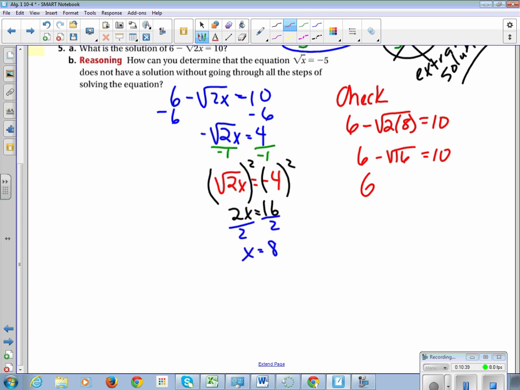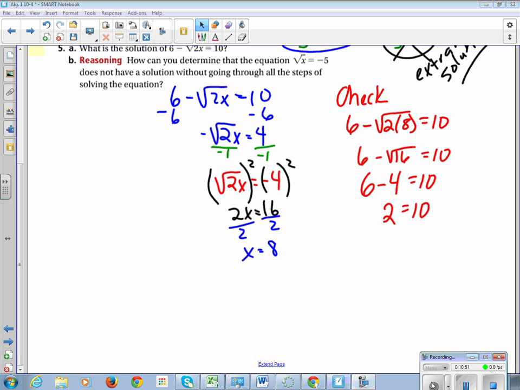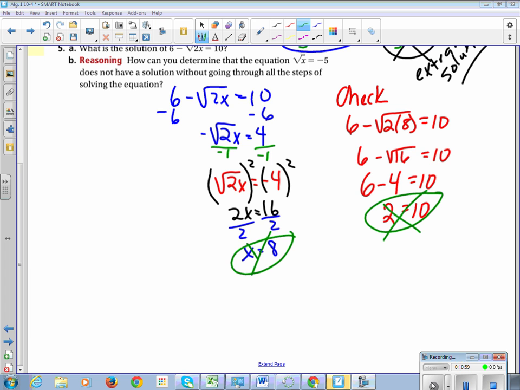And I get 6 minus 4 equals 10, or 2 equals 10. Does it work? We have to evaluate. 2 does not equal 10. So x equals 8 is not a solution.